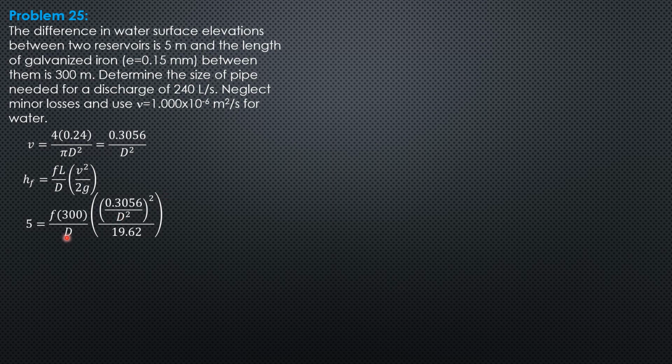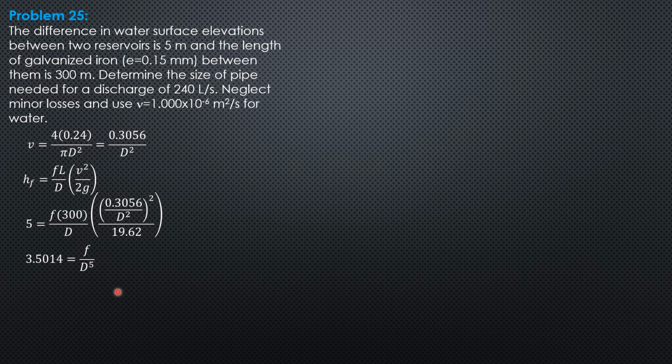D square times d is d to the fifth. So we have f over d to the fifth equals 5 times 19.62 divided by quantity 300 times 0.3056 square. So 3.5014 equals f over d to the fifth.